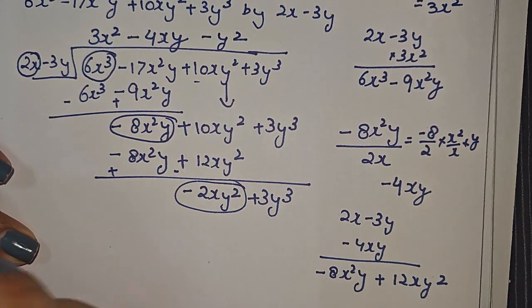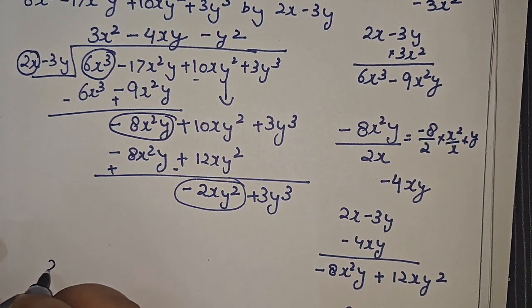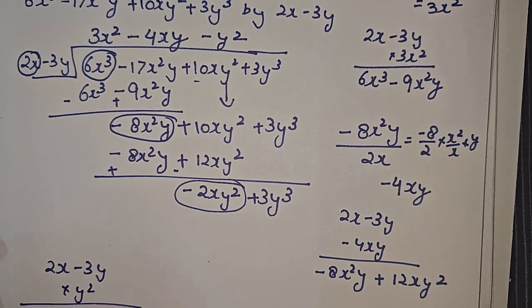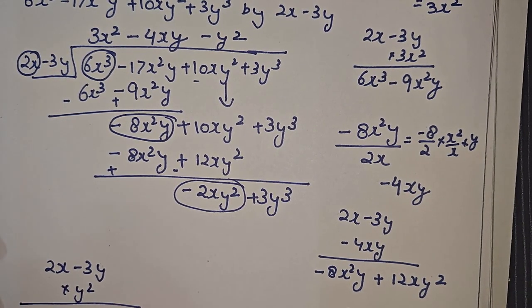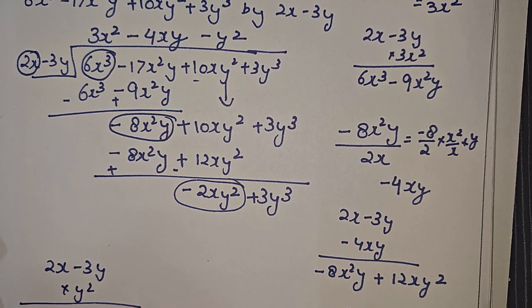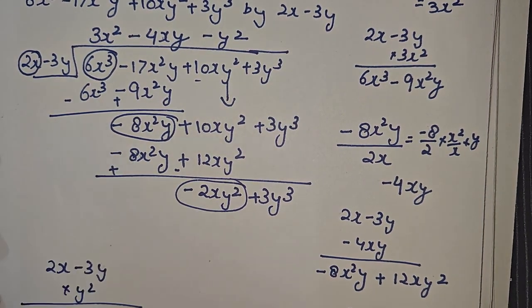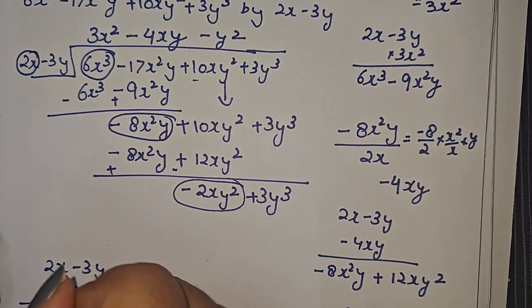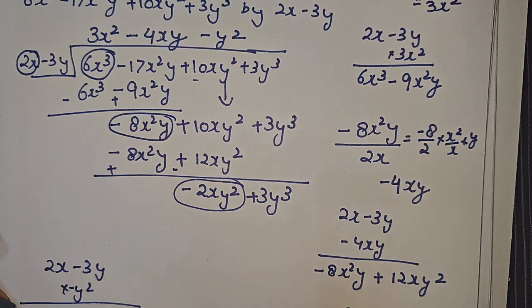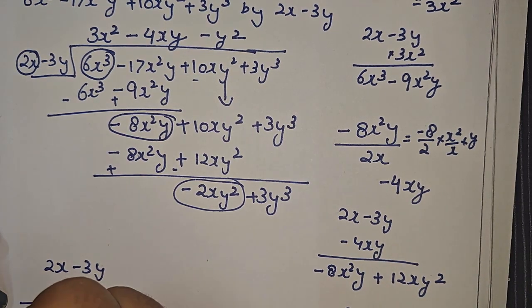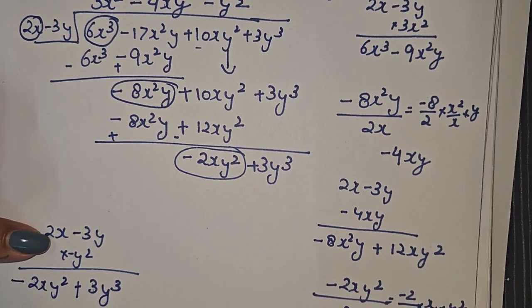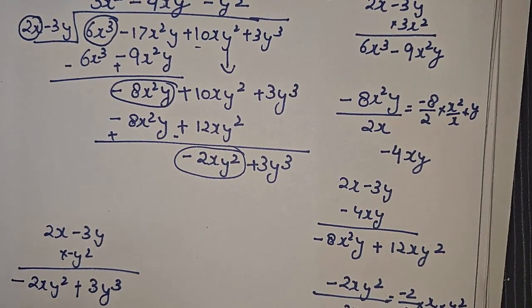Now minus y square we have to multiply by 2x minus 3y into y square. So we have 2xy square minus 3y to the power 3. Let's put it here. xy square is here, minus. This one will be plus, and this one will be minus. See how important the signs are? This would have changed the answer completely.